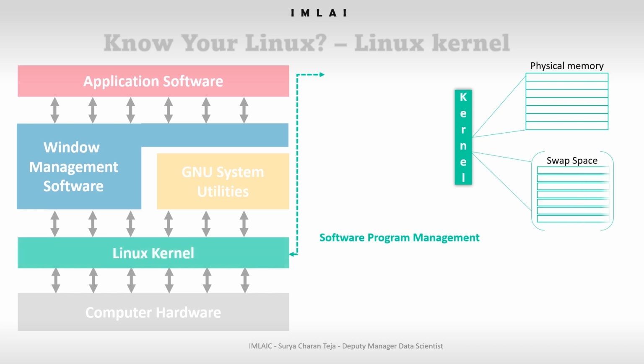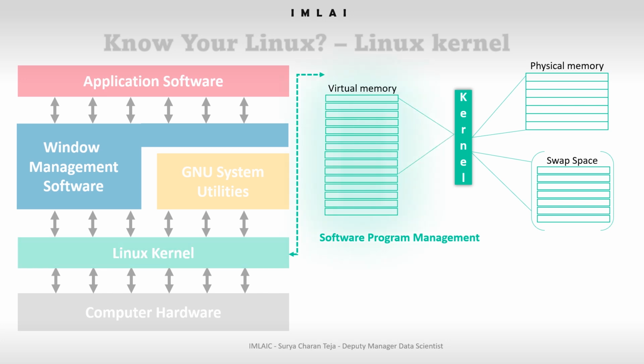It creates that virtual memory by using space on the hard disk called the swap space. So with virtual memory, as you interact with a program, part of it may be in physical RAM while the rest of the program is on the hard disk as virtual memory.